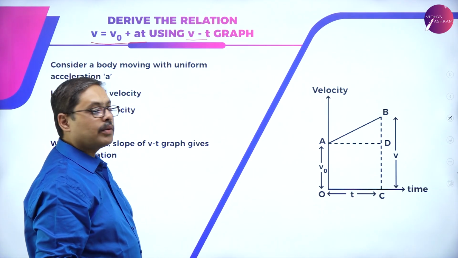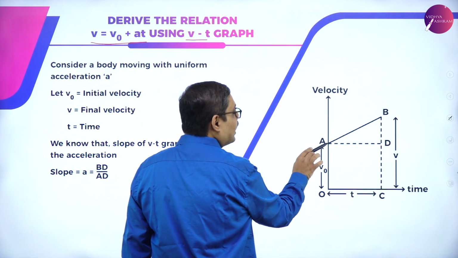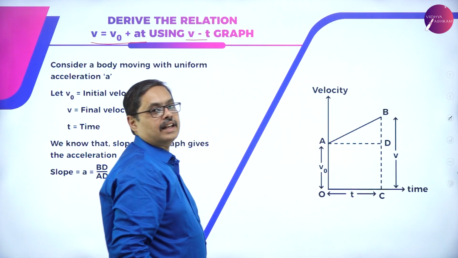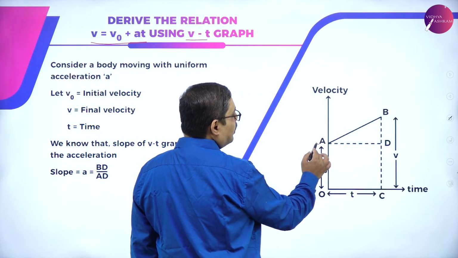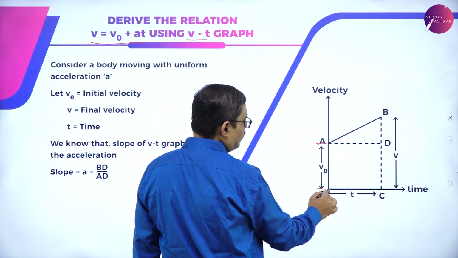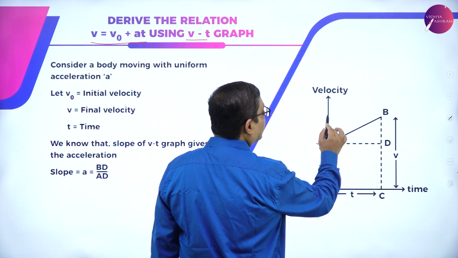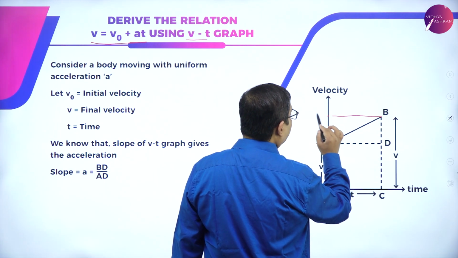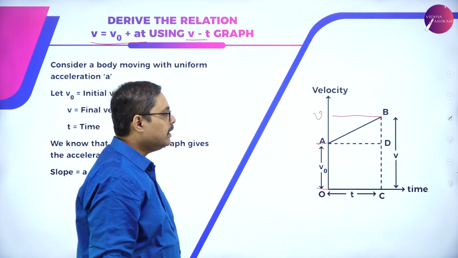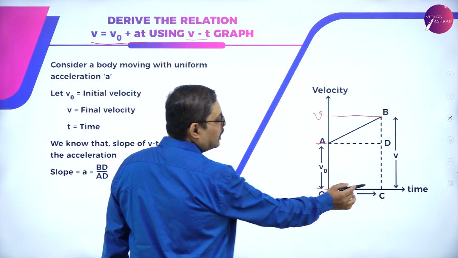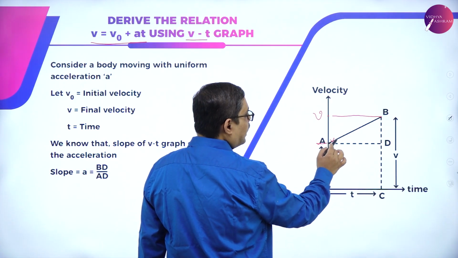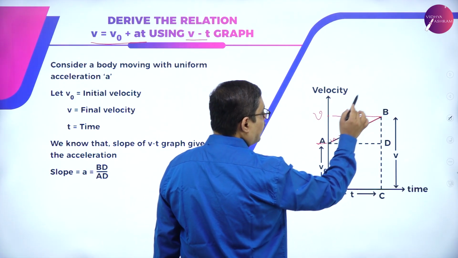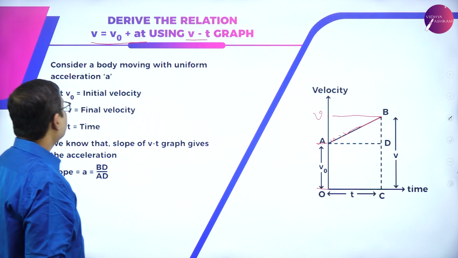So, for a uniformly accelerated motion, the graph is represented by an inclined line, where there is some initial velocity v0, and then there is some final velocity v. You can see that it is represented by this. So this is the graph AB. Let us check how it is done.